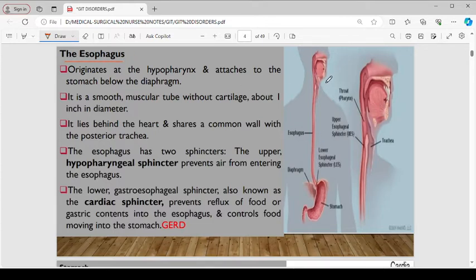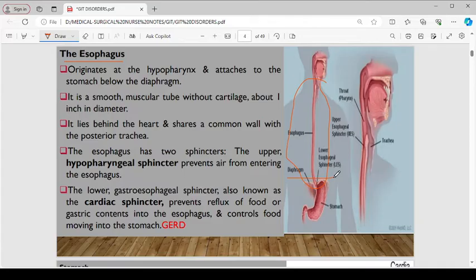So the esophagus originates at the hypopharynx and attaches to the stomach below the diaphragm. It is a smooth, muscular tube without cartilage, and it's about 1 inch in diameter.